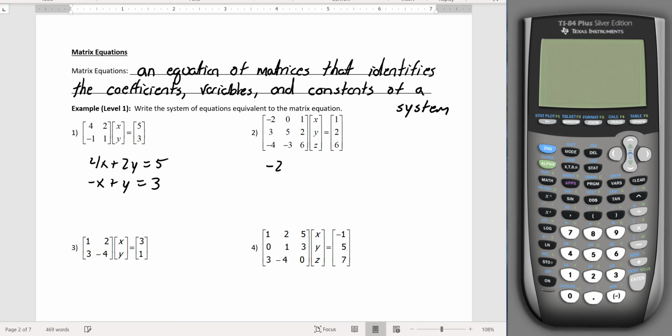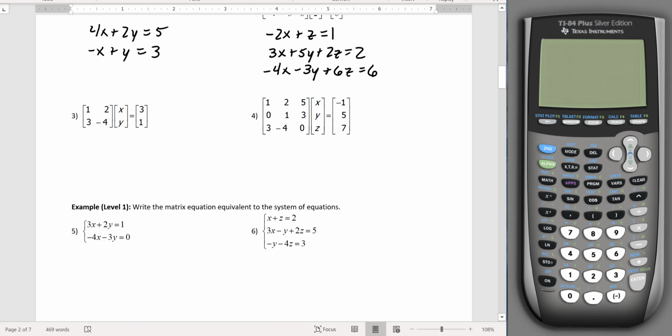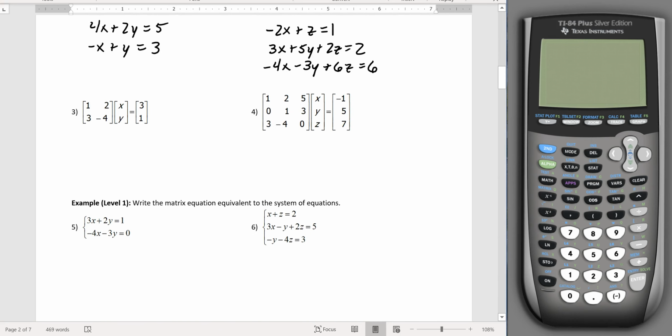So negative 2x plus z equals 1, 3x plus 5y plus 2z equals 2, negative 4x minus 3y plus 6z equals 6. Why don't you go ahead and try 3 and 4 on your own? Go ahead and pause it. I'll give you a little bit of time. Pause the video and then we'll check it together.